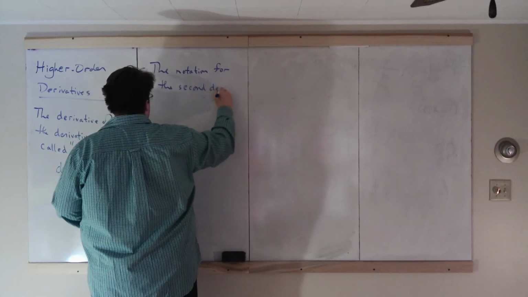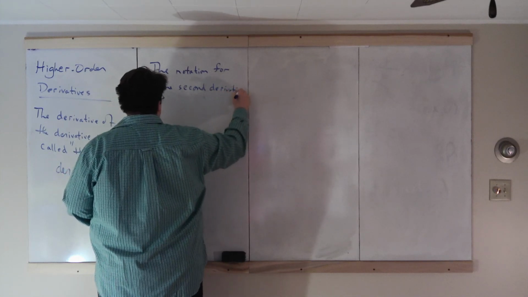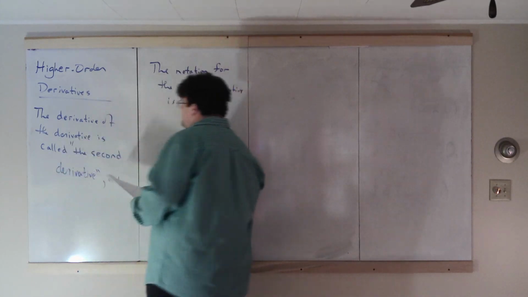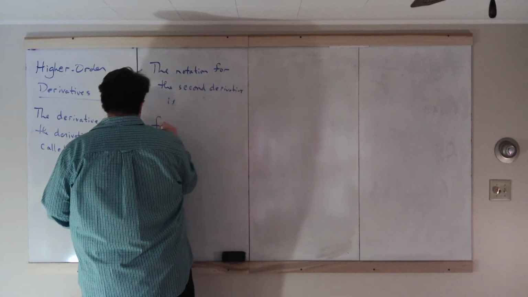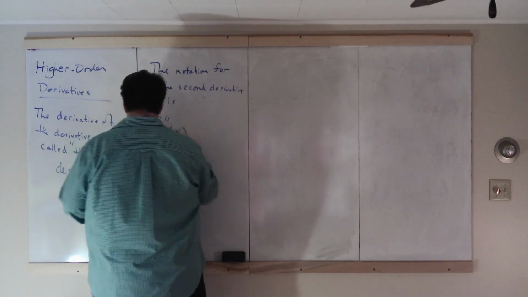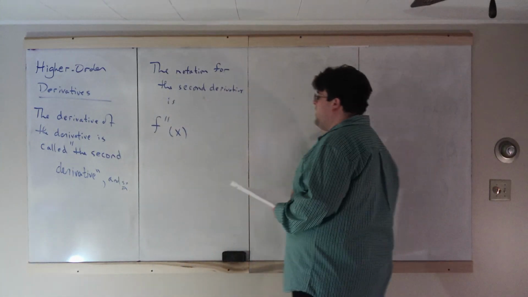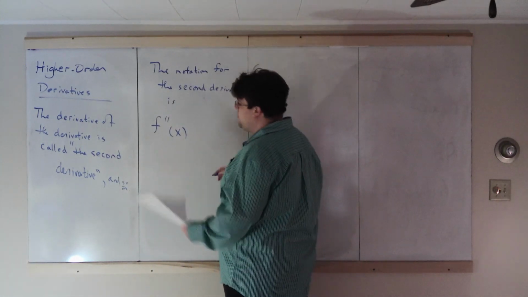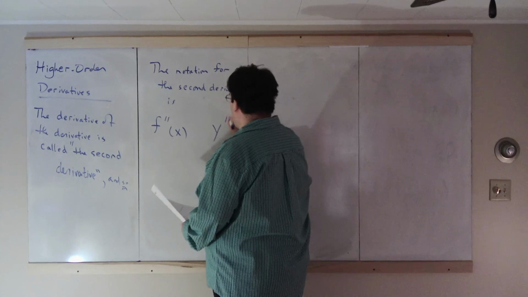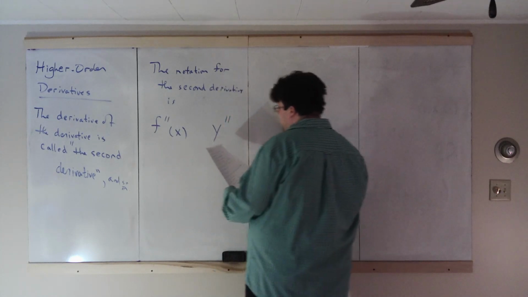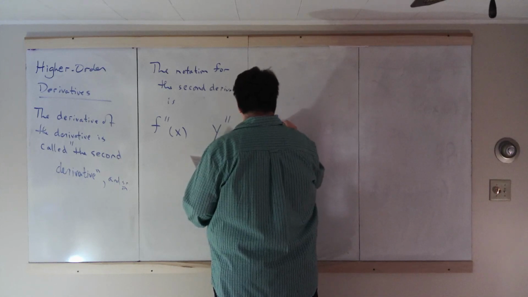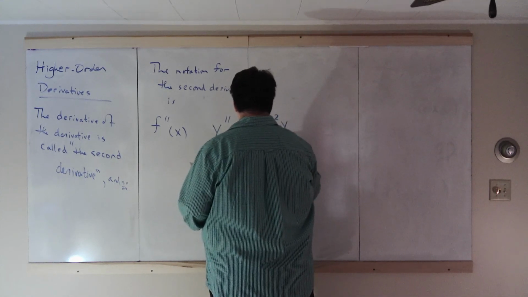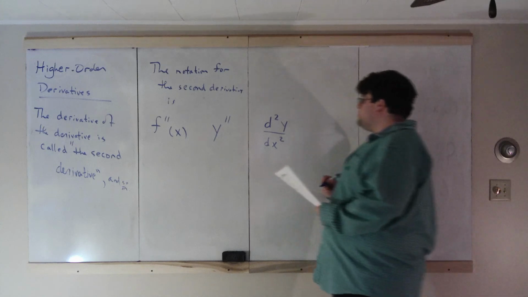We had a bunch of different notations for the first derivative. For the second derivative, one way of writing it is f prime prime of x, or f double prime, y prime prime, d squared y over dx squared.